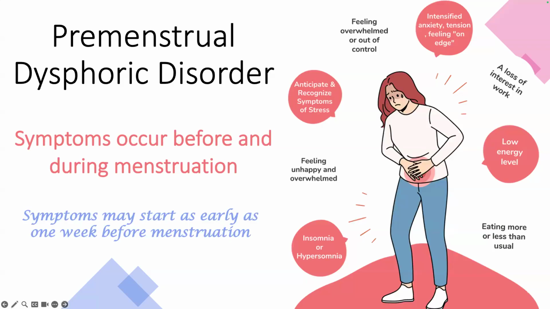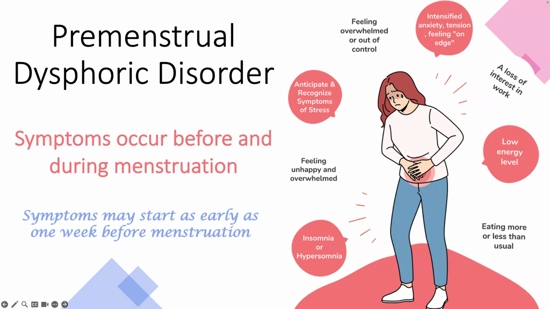Premenstrual dysphoric disorder. This is an actual diagnosis. This is the mood swings related to menstruation. Symptoms can start as early as 1 week before menstruation and last as long as 1 week afterwards, which if you do the math with that, you're like, oh, great, you have 1 week a month where you don't feel depressed.